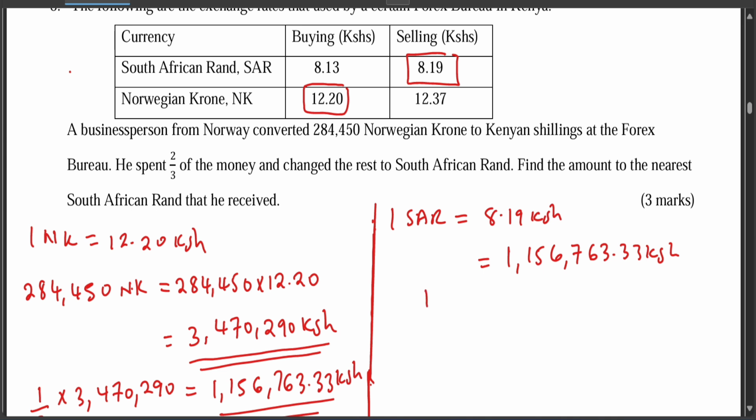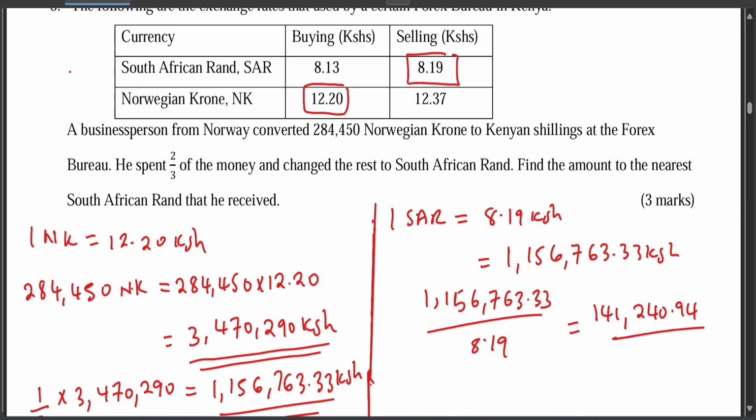You just take 1,156,763.33 divided by 8.19, and it gives you 141,240.94.